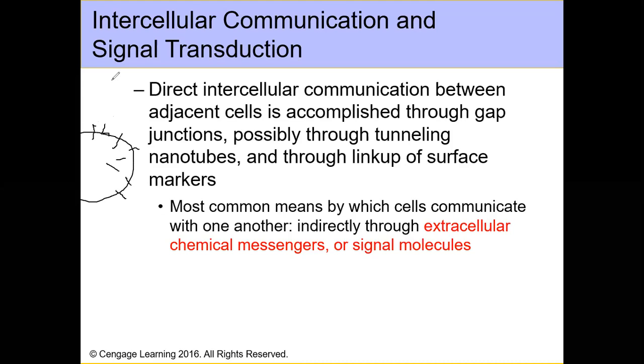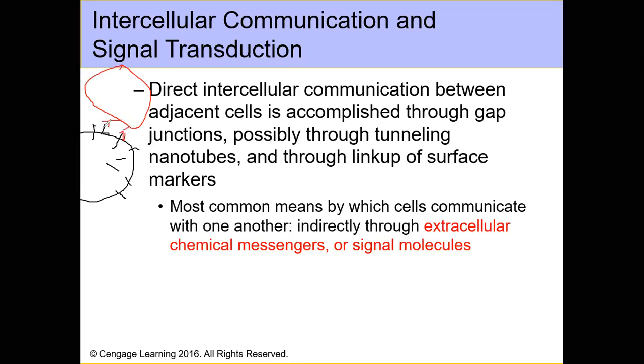Now, we have a different cell which is adjacent to it, and it may have receptors that can actually bind these markers. And when they bind the markers, they cause events to happen in the adjacent cells. So this is by link up of the surface markers.